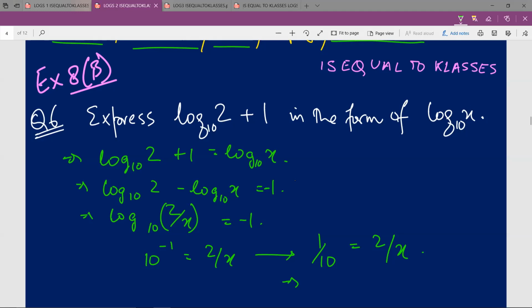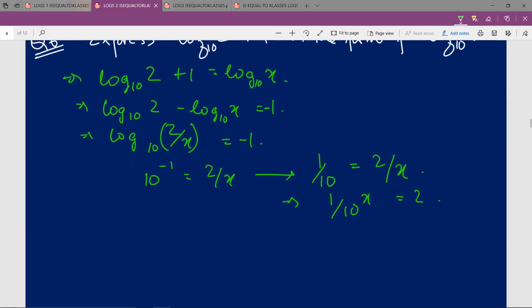So 1 upon 10 x will be equal to 2. Therefore, x will be equal to 2 into 10, which is 20. So x is equal to 20.